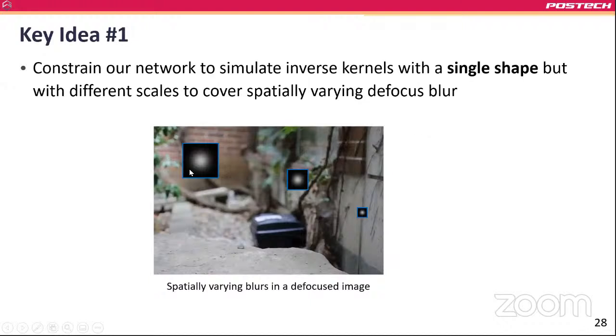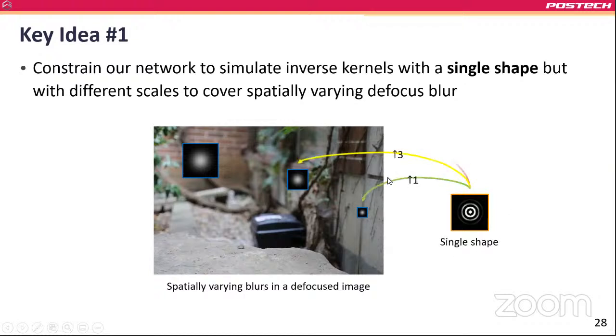That means that in this defocus blur image, we have small defocus blur here, middle, and large, right? Then we can apply the inverse corner to remove defocus blur from this part. In that case, the inverse corner needed for deblurring this part and this part and this part will have the same shape, a single shape.